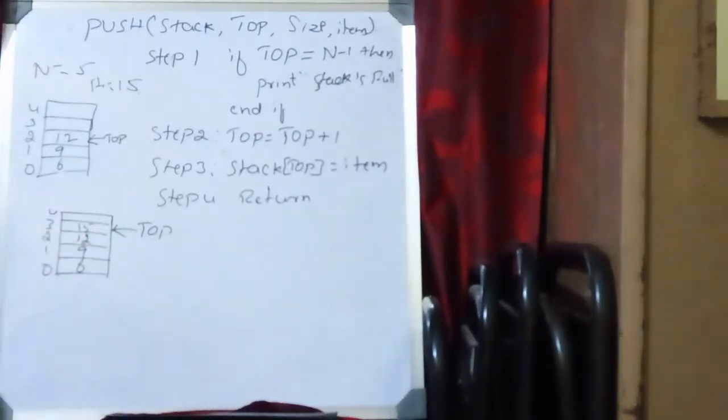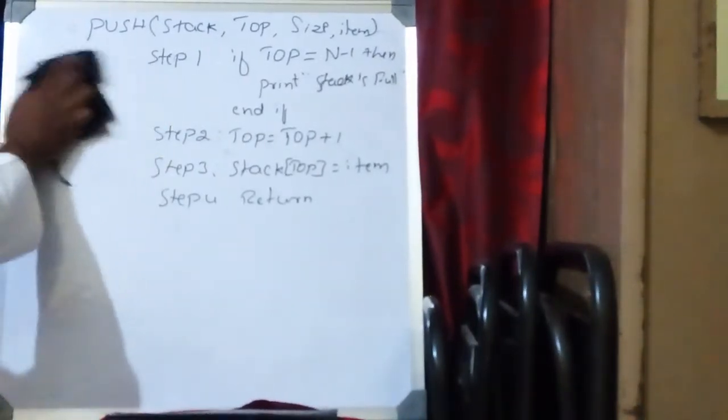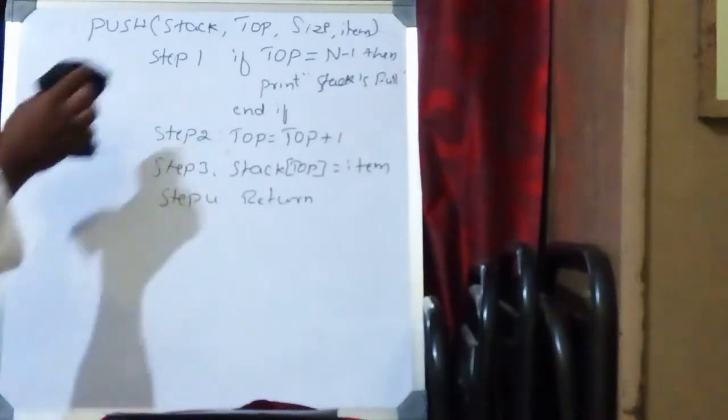Clear? Now we will go for the next operation, that is pop operation. Pop is nothing but removing the element. Now we will see the algorithm. Pop operation.